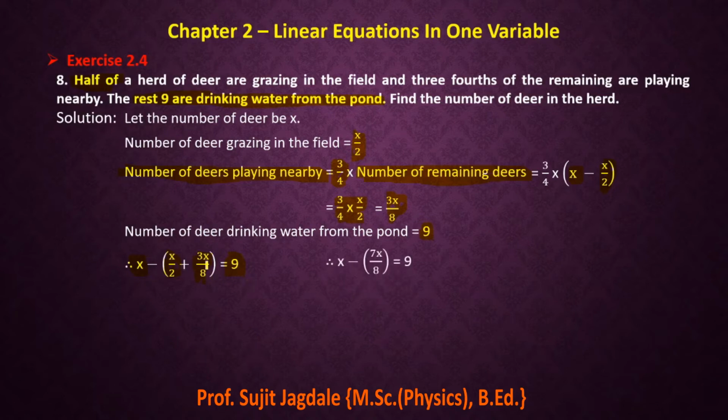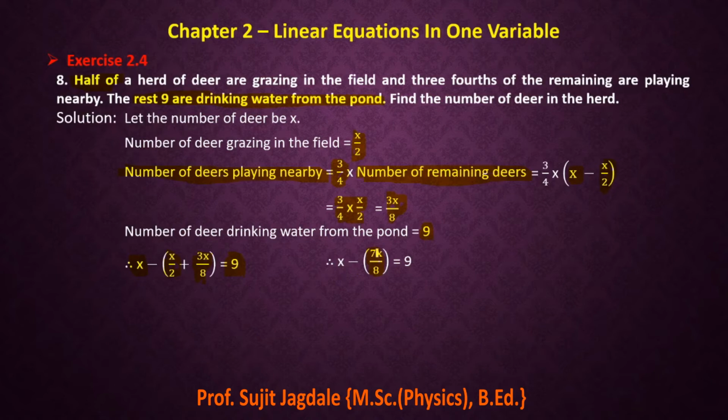By simplifying this bracket, we get 7x upon 8, by taking the LCM, which is 8. So we multiply the first x by 2 by 4, and we get 4x upon 8. So 4x plus 3x is 7x.